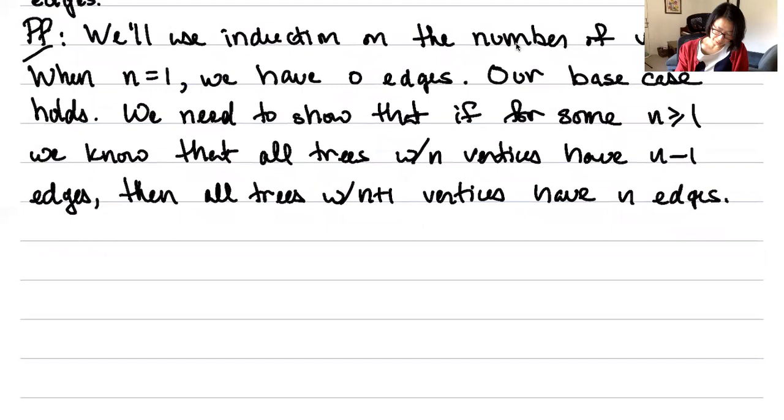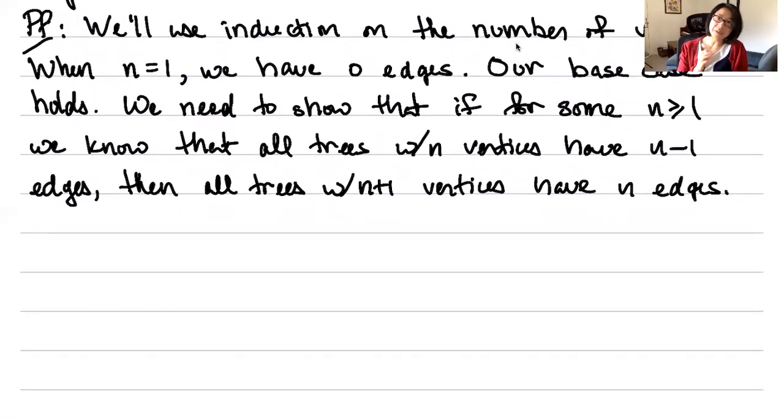Okay, so what we're going to do, and this is really important, is focus on the conclusion of this if-then statement and take an arbitrary tree with n+1 vertices, and then show that that tree, about which we know nothing except that it's a tree and it has n+1 vertices, must have n edges. There's this instinct to try to take a tree with n edges and add a vertex someplace.